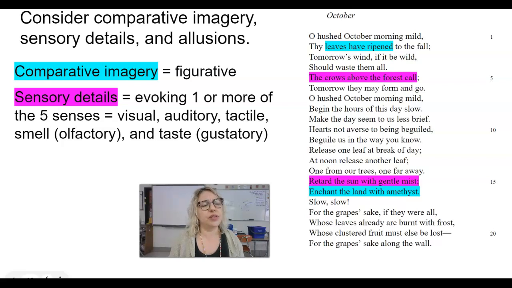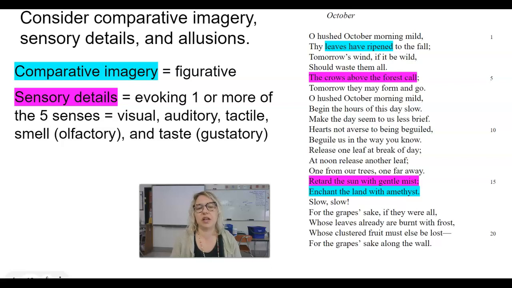When I separate sensory details from comparative imagery, I've done that because these are more literal details where one or more of the 5 senses is evoked: visual, auditory, tactile, smell, taste. Those senses are evoked through literal descriptions of these details.